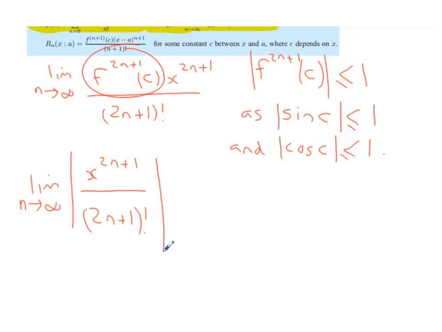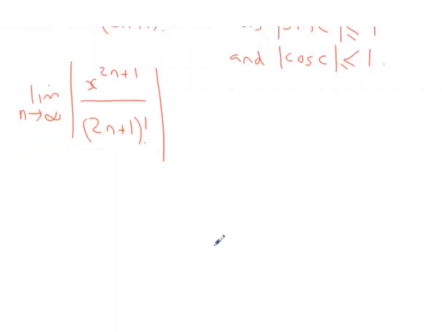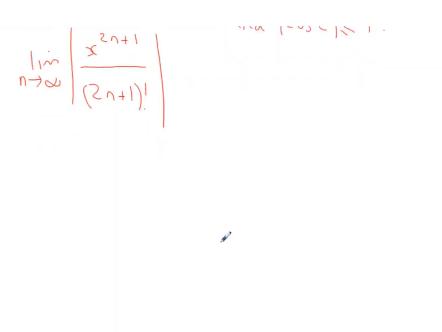Anything negative will only come from the x, so we can put the absolute sign only on the x. So now we can turn this into the limit as n approaches infinity of the absolute value of x to the 2n plus 1 over 2n plus 1 factorial.